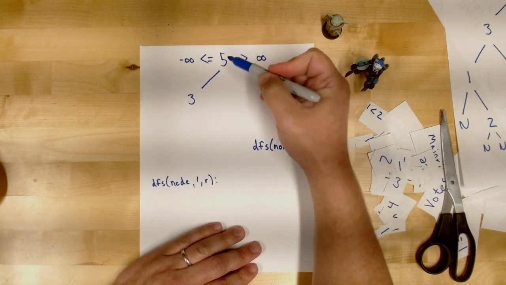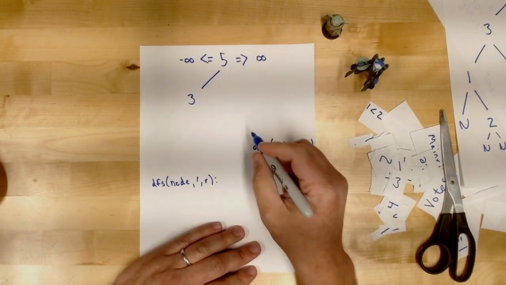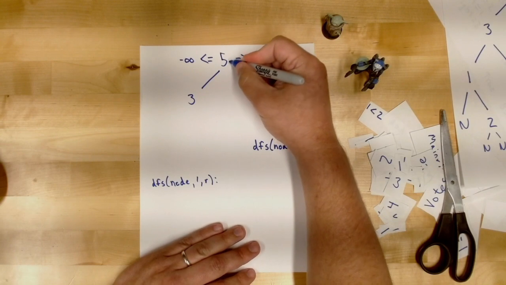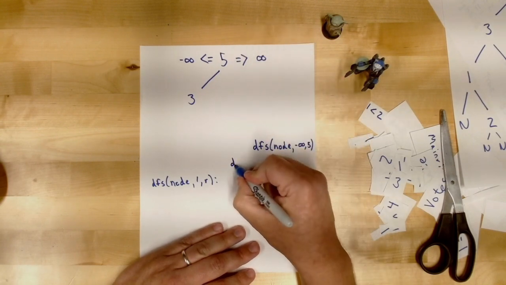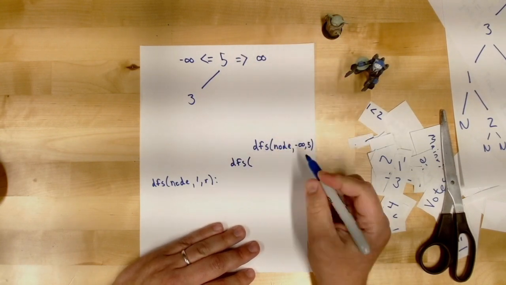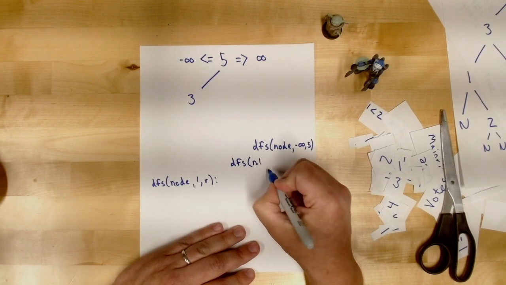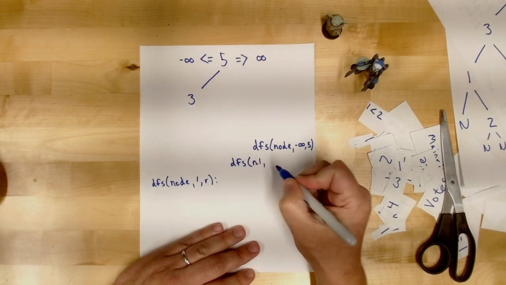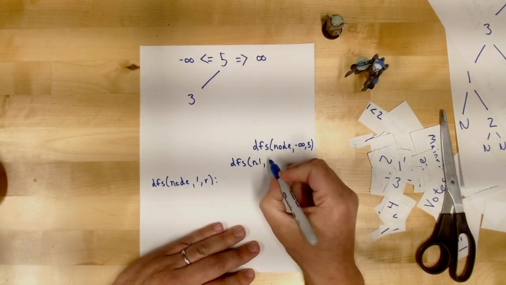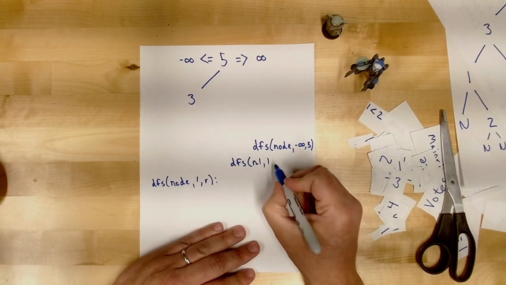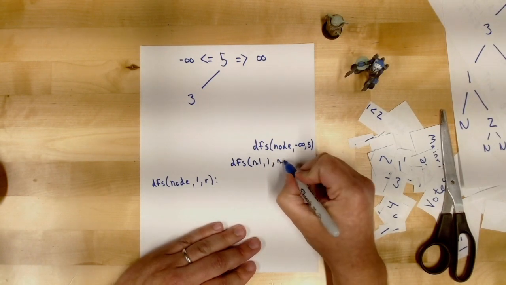So looking from the perspective where this is our current node, when we call DFS, we're going to call DFS on node.left. And then the left boundary is going to remain the same. And the right boundary becomes node.value.